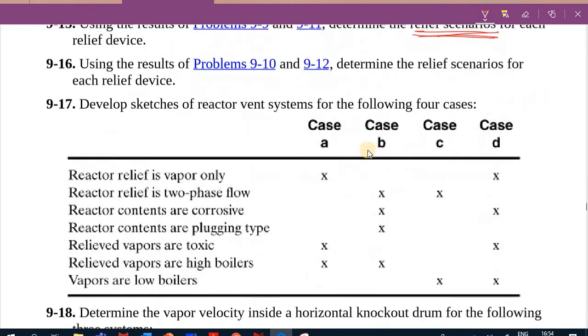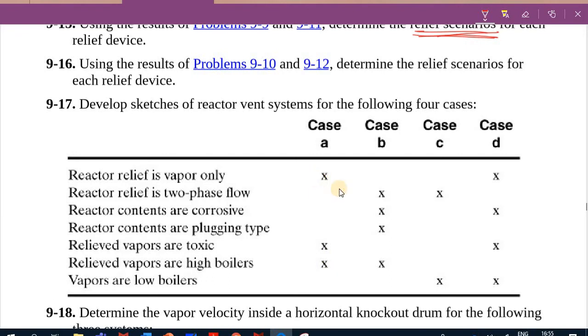Beautiful. So these were the main questions that I would like to cover in chapter 9. Well, in 9.17 it says develop sketches of reactor vent system for the following 4 cases, and maybe I'll not do the sketch. We have cases here where the reactor relief is vapor only and they are toxic, and the relief vapors are high boilers.